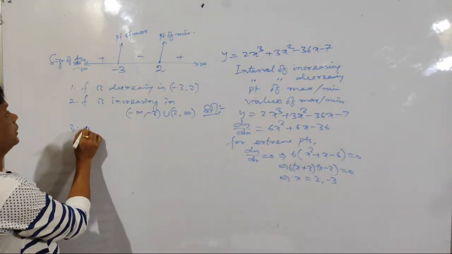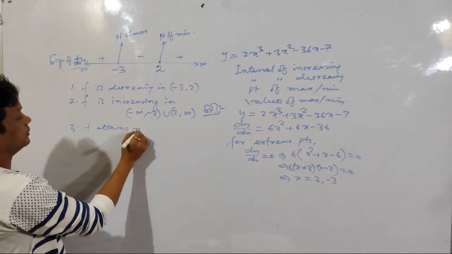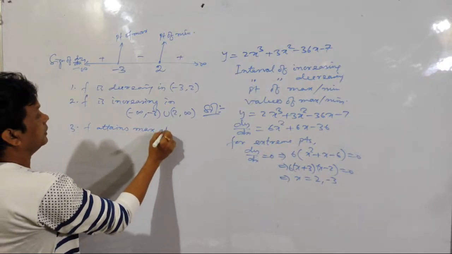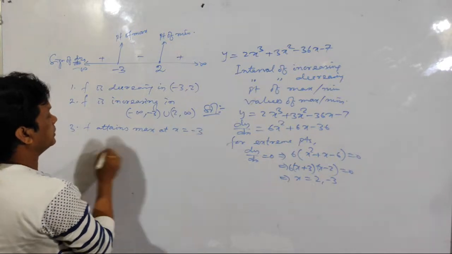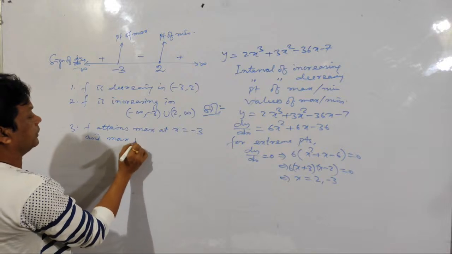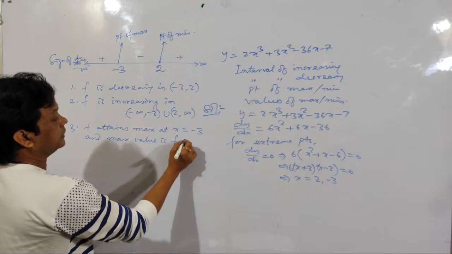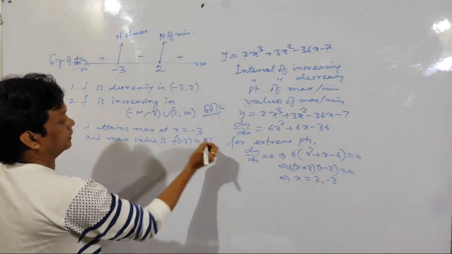So here f attains maxima at x is equal to minus 3, and the maximum value is f of minus 3, and you will calculate.